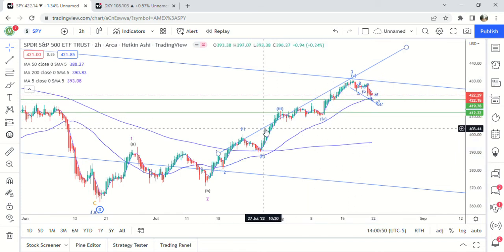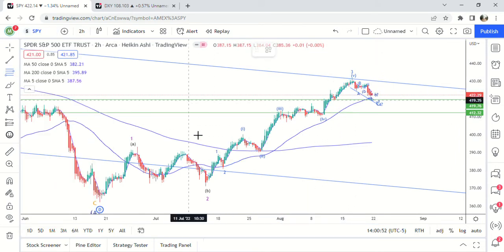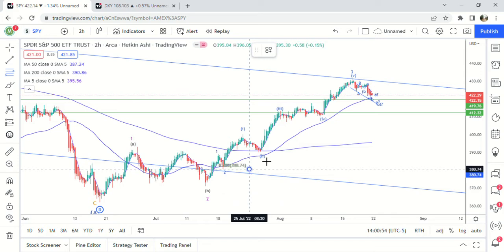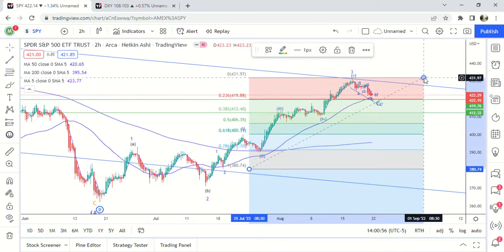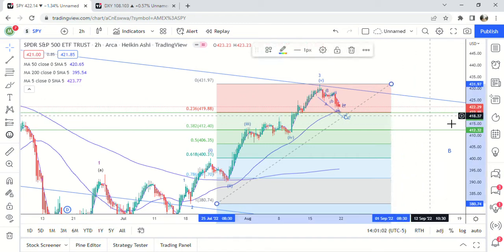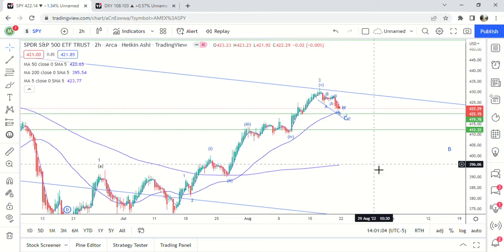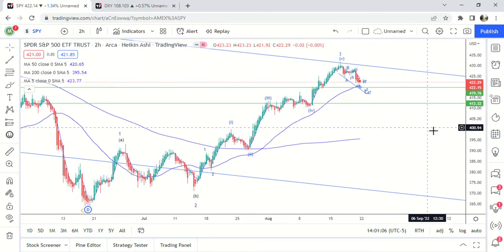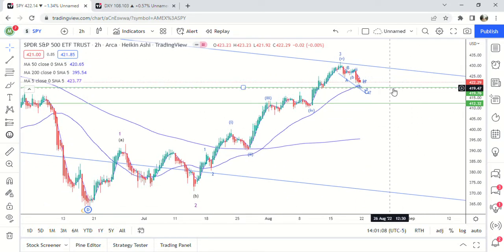So the next step is taking the fib retracement tool to the top of the third wave, and I already have it marked here. The 0.23 fib for a fourth wave would be our target based on how far this third wave went. If it goes past 1.61, we would only go back to the 0.23 fib.